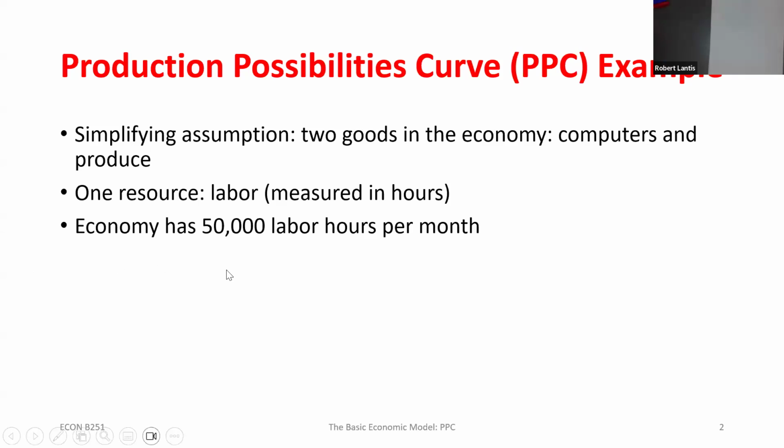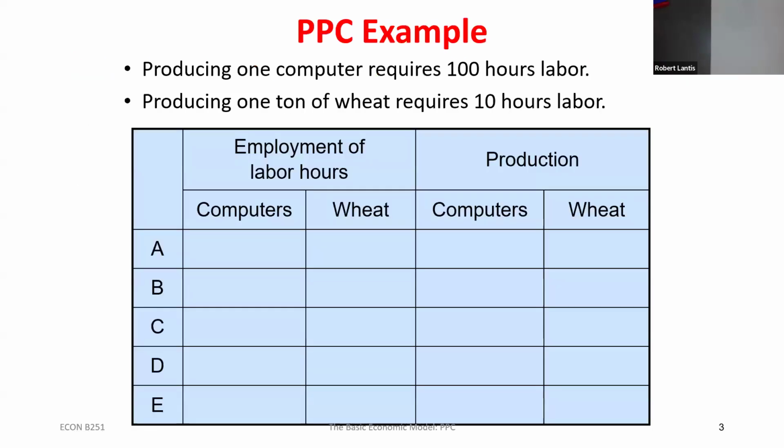Let's say we've got 50,000 total labor hours that we can put towards the production of both of these goods. If one computer is going to cost me 100 of these labor hours, and 10 of these labor hours would get me 1 ton of wheat, I can then start to think about, if I'm using all of these 50,000 labor hours to produce computers, how many total could I get?